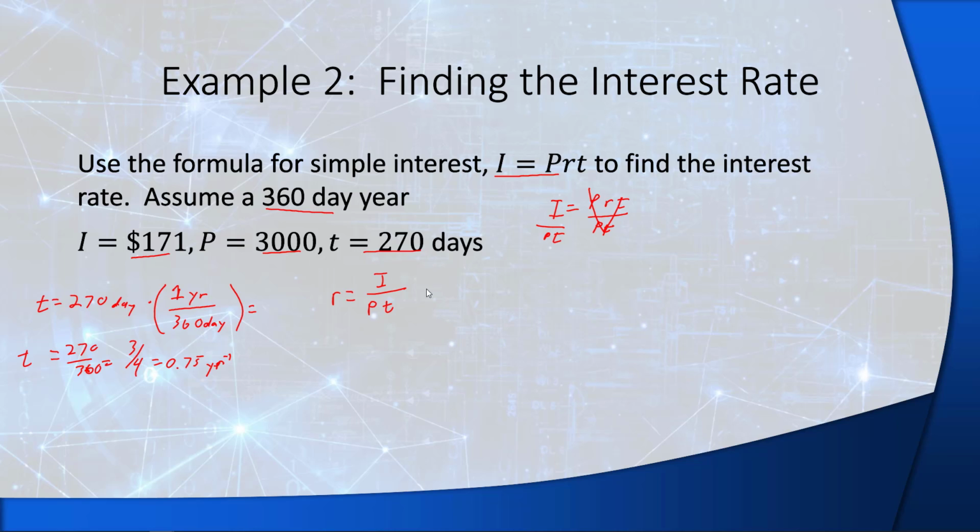Substituting our values, we have $171 for I, we have $3,000 for P, and then we have 0.75 for T.